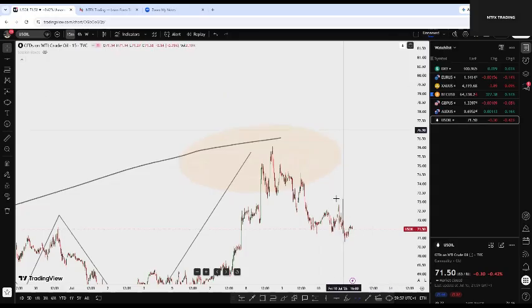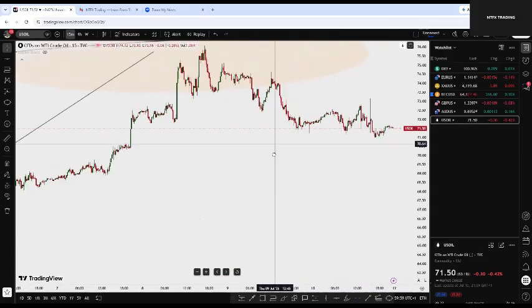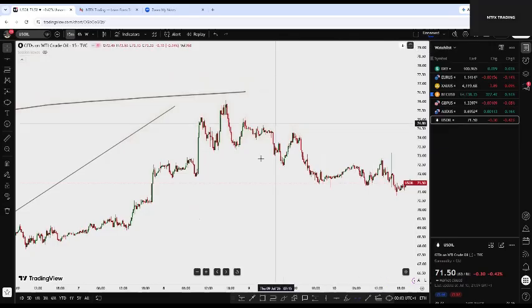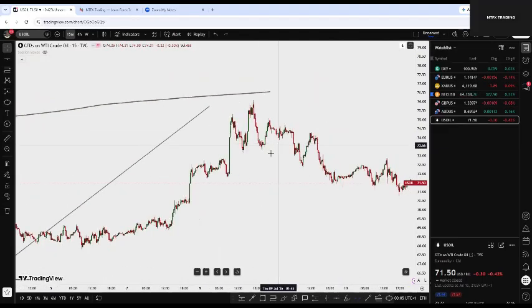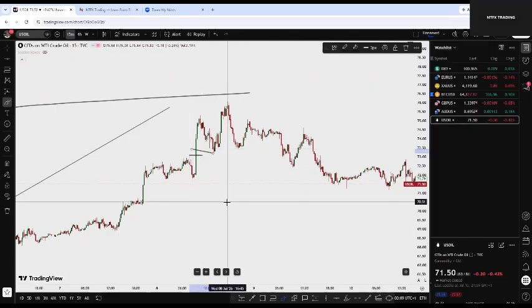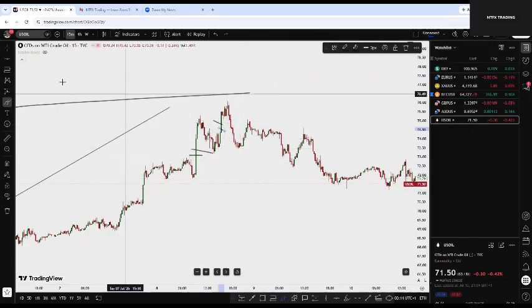Yes, we can. The entry we want now is the entry that makes impulse and correction in the direction of our trade. Where is this impulse here? Is it in the direction of the sell trade? No. Where is this impulse here? Is it in the direction of sell trade?